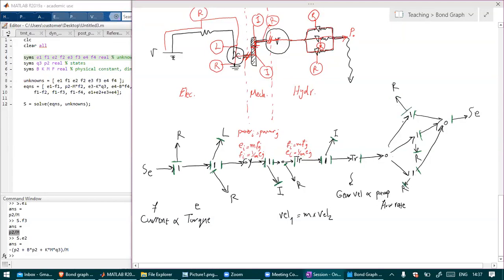I change the causality of the top one here. These two remain the same, but since it's a one junction, this becomes the behavior. I could set the causality of each of these resistors as I intend to fix the causality of the system. It doesn't matter which one I assume. Two of these resistors determine the flow, but one of them determines the effort. And now the system is fixed.